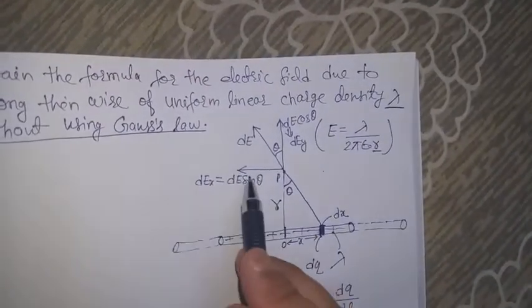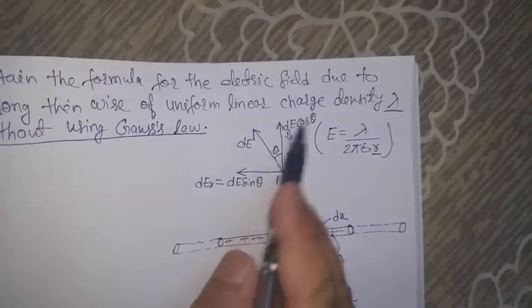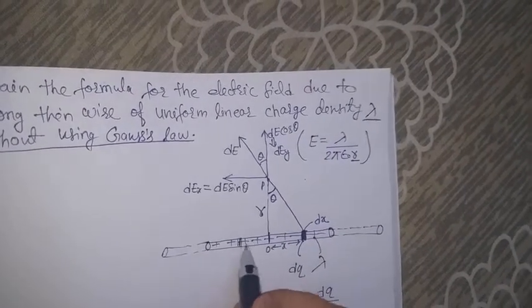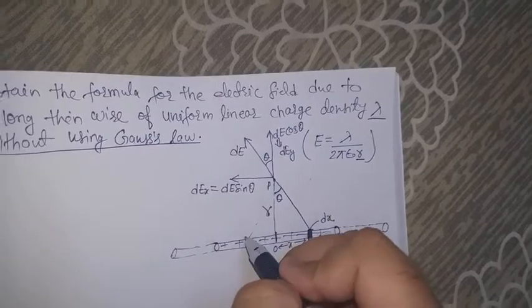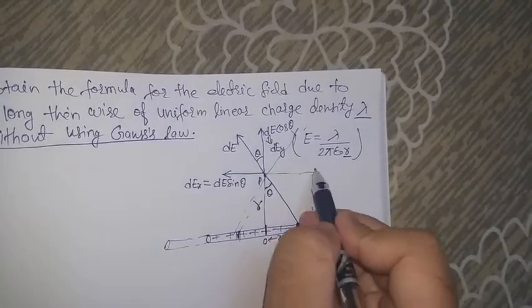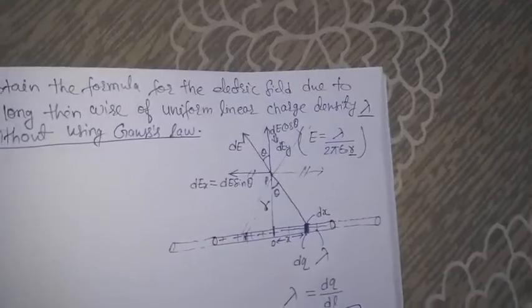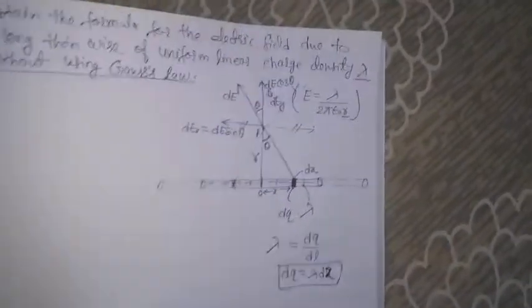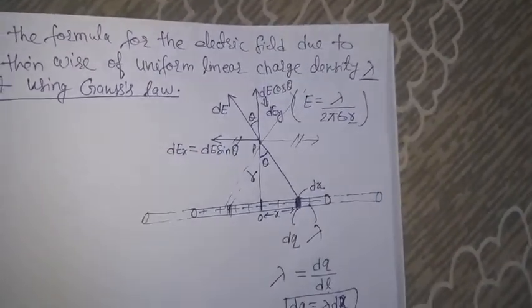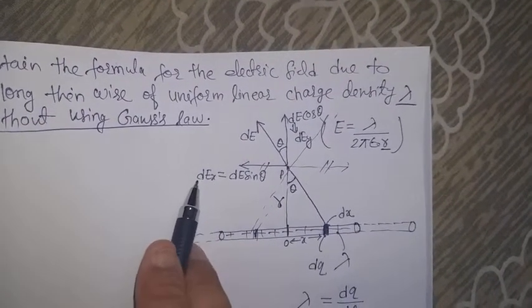Now see, this small charge has two components of electric field. If we take a similar charge on the other side, this charge also has an electric field, and it has two components. The x components cancel out, only the y component will work, which means we can neglect the x component.